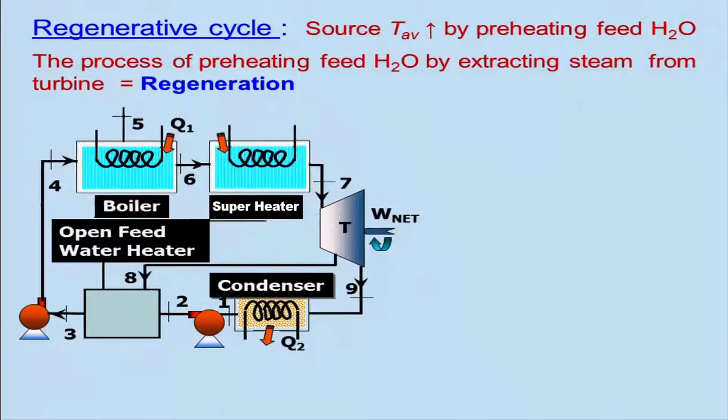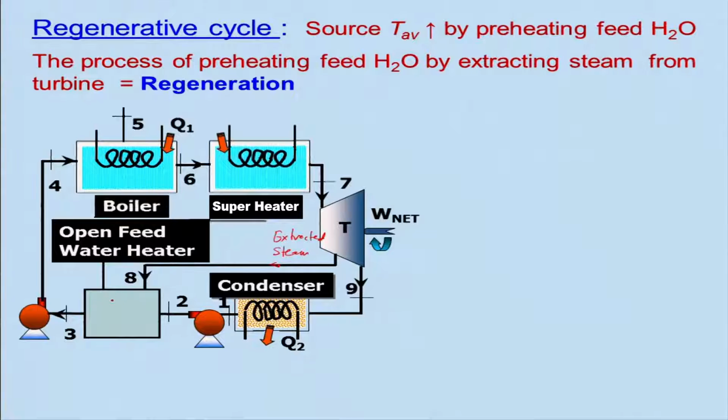There is a boiler where heat is being added, and this is usual to any Rankine cycle, but then the steam will be expanded in the turbine, and some of the steam will be extracted from some portion of the turbine, high pressure or low pressure, depending on the pressure, because you need to have high pressure. So, the steam is being extracted.